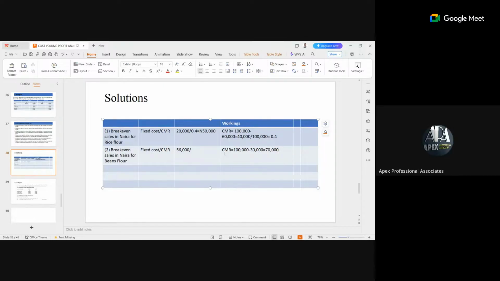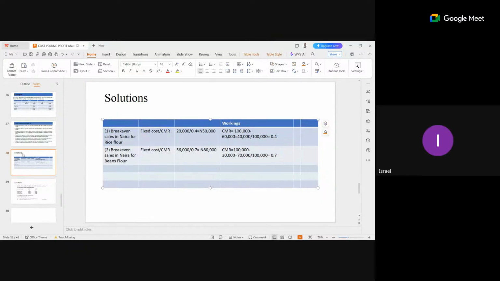So divide by 100,000. 0.7. So at this point, contribution margin is 0.7. The result will be what? 80,000.